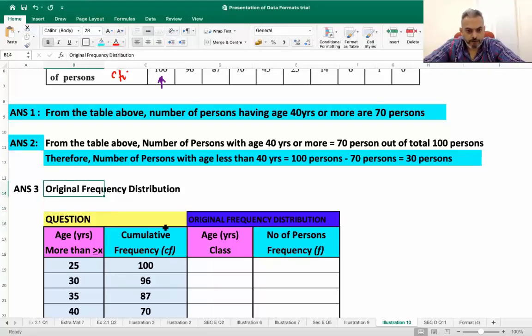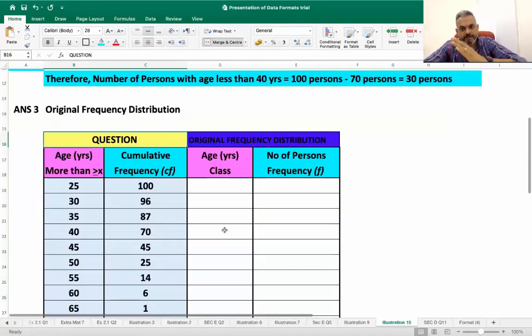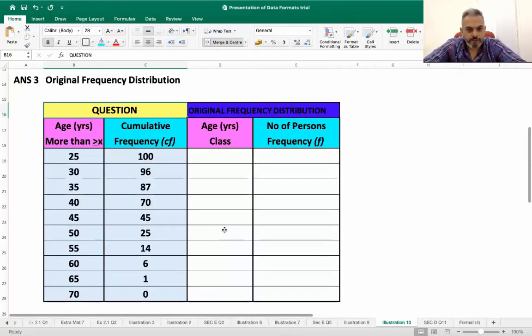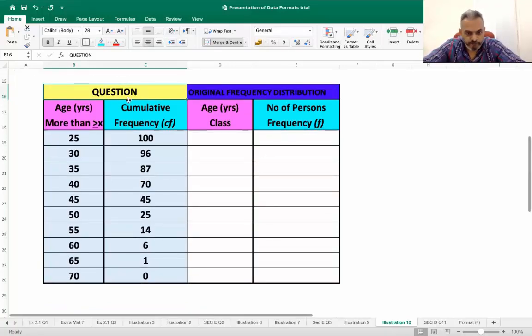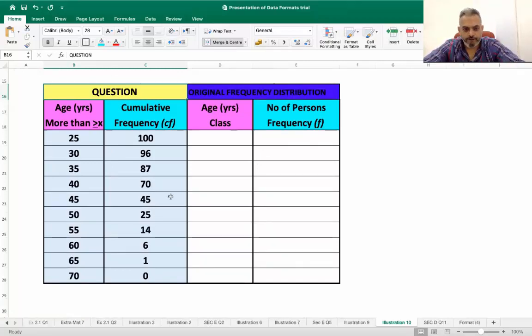So you also write the question, parallelly, so it will be easy for you. And then the original frequency distribution will be prepared over here. First write this. Initially you follow this format till you are very confident.